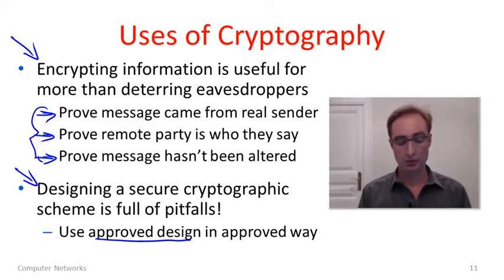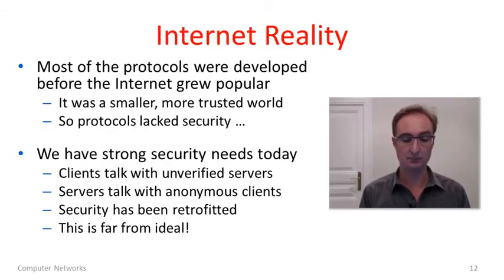But it's also important to use them in an approved way. Many security compromises are the result of using sound techniques and primitives, cryptographic primitives, but in an unusual way, a way which wasn't approved, which often led to some subtle flaw which let someone completely defeat the system. So it's important not only to use approved designs, but to use them in the right way.